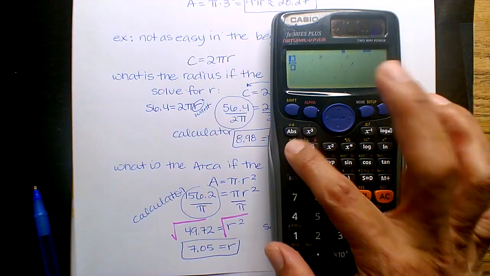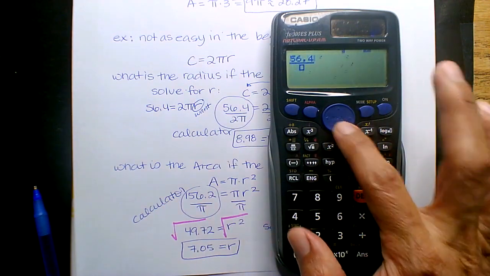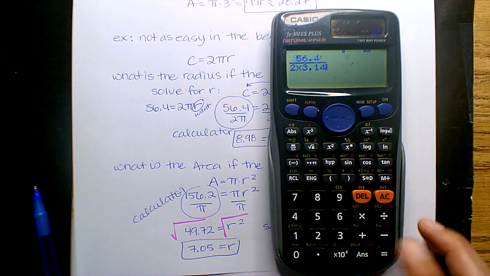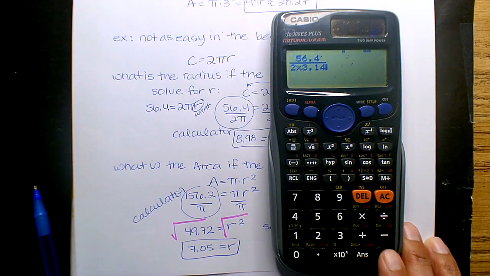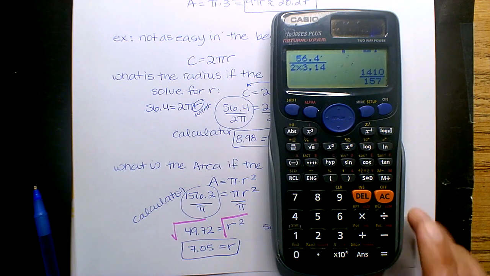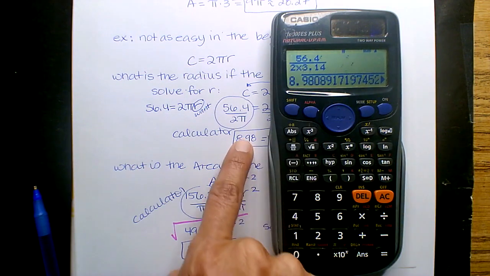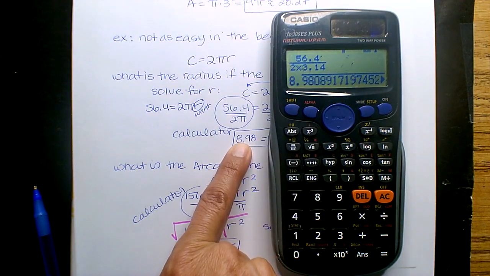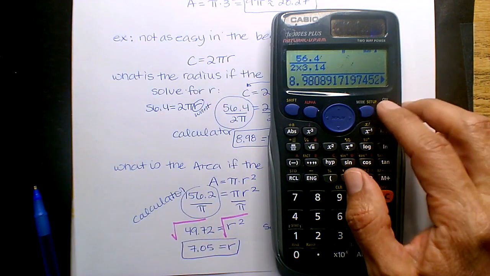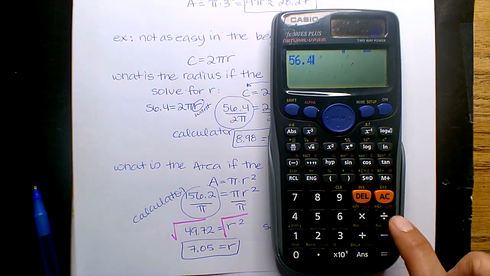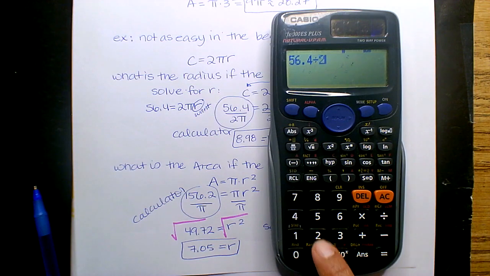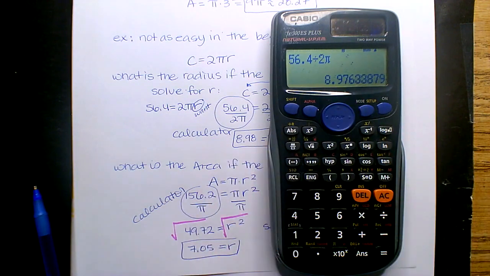Or you could say 56.4 divided by 2 times 3.14, if you want the 3.14 button in place of the pi button, and I get 8.98. It's still the same, but at the ten thousandths the values are different. Or you could say, what's 56.4 divided by 2, and then you hit pi, and you still get the same answer.